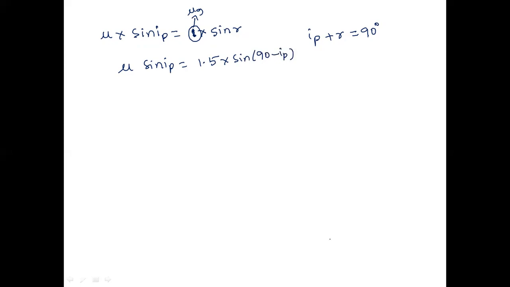So mu times sine IP equals 1.5 times cos IP. So tan IP is equal to 1.5 by mu.